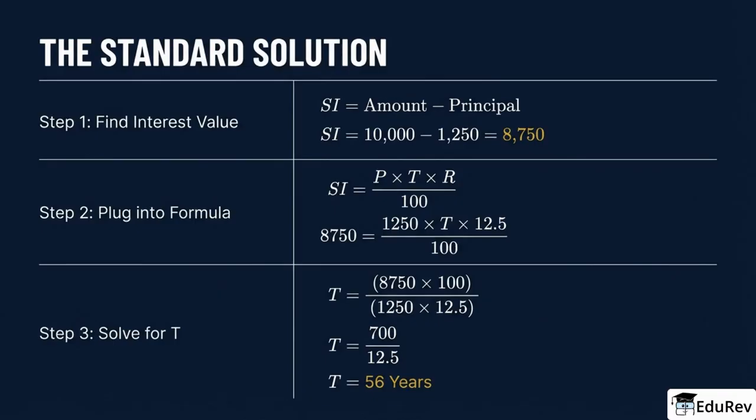So we place the numbers. 8,750 equals 1250 times T times 12.5 divided by 100. Step 3 is to isolate T. Multiply both sides by 100 and then divide by 1250 times 12.5. This gives T equals 56 years. If that number feels extreme, that's good. It shows why relying only on the standard method is dangerous. Slow, mechanical, and not exam-friendly.